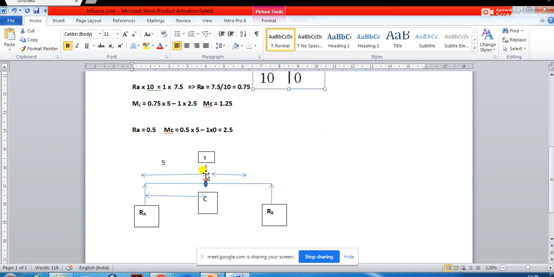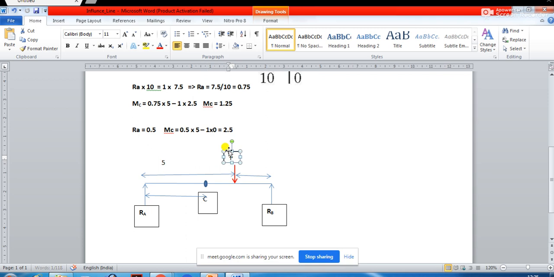Now where will the load be positioned? Let us say the load is moving further by another 2.5. So the load is now positioned over here, and this distance changes from 5 to 7.5.